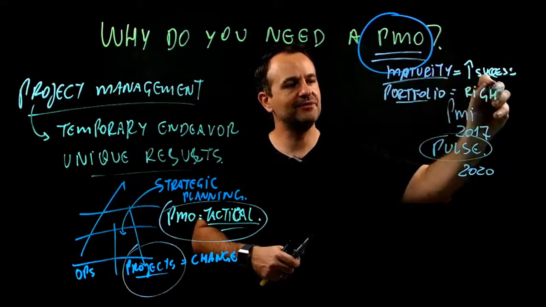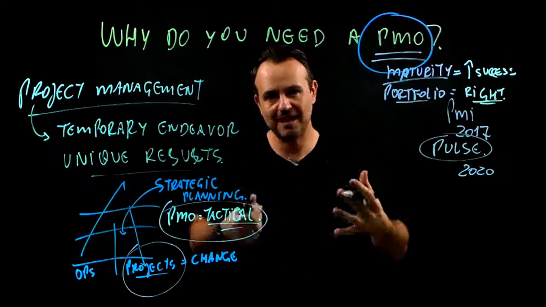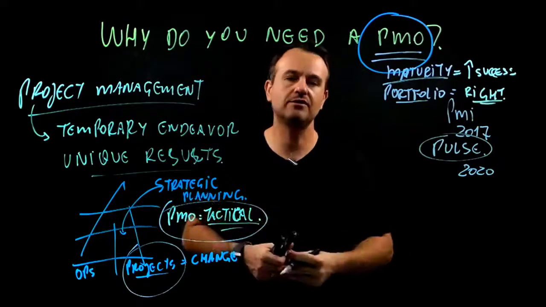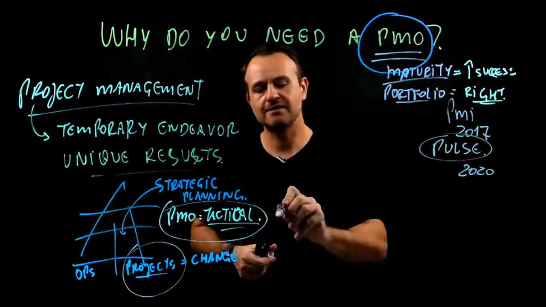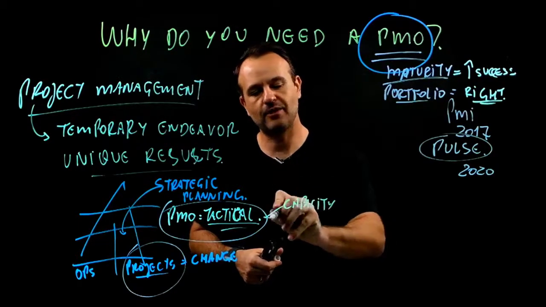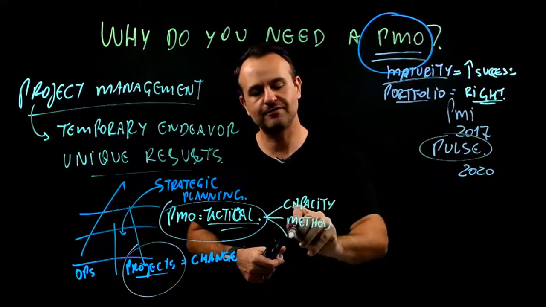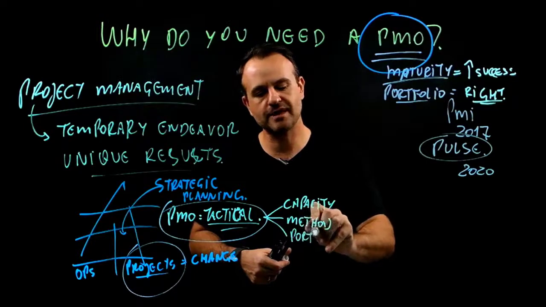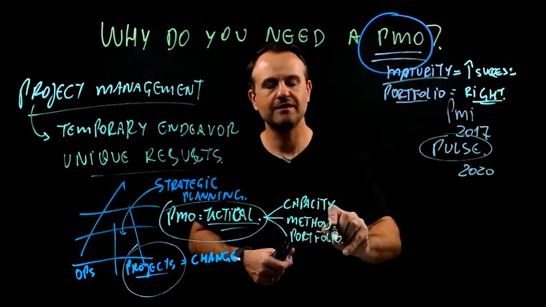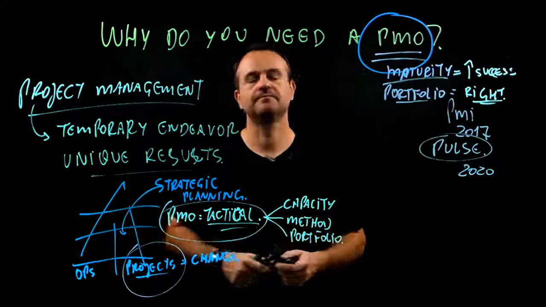Not only doing project management right, but also selecting the best projects that fit into the organizational strategy. So here we have capacity planning, portfolio management, the project management methodology, and all the other functions that help the organization achieve its objectives more efficiently through project management.